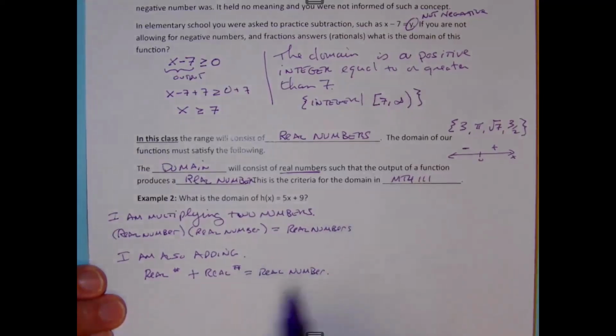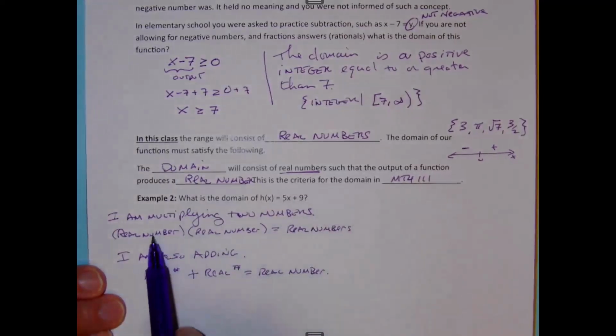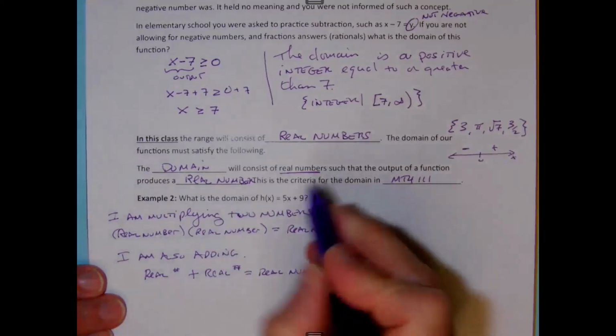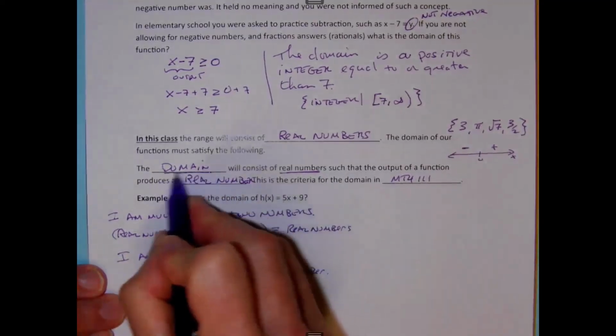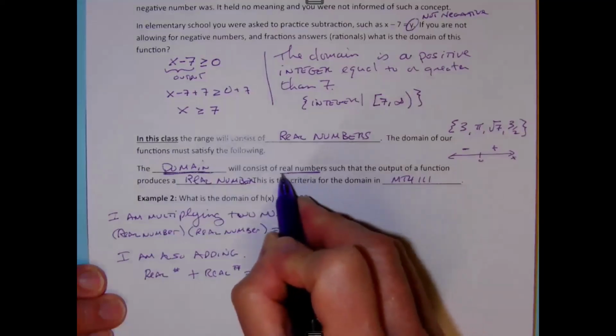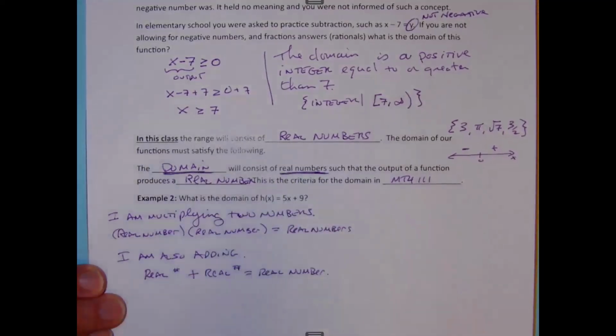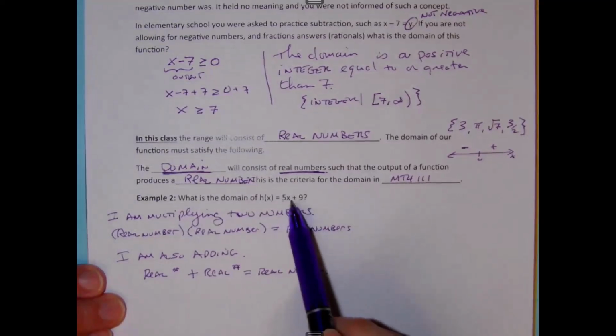So what is the domain of this thing? Well, I can choose anything. My biggest domain that I can have in Math 111 consists of real numbers. That is the biggest thing I can have. So it looks like I can use any real number and it will produce a real number back out when I multiply here and add.